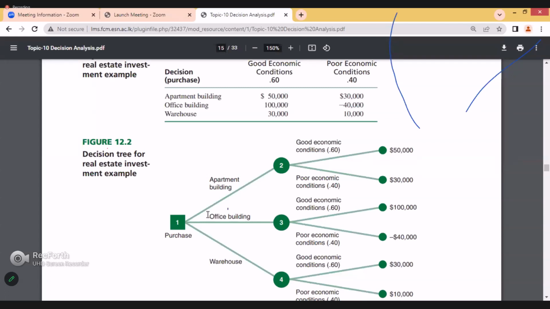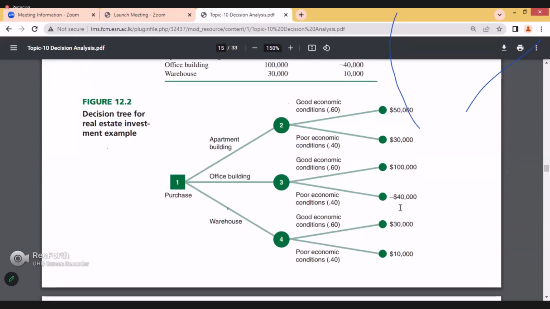Similarly, for the office building, good economic condition is multiplied by the payoff, and poor economic condition loss of 40,000 has to be multiplied by its probability. Then we can see those possibilities. And also for the warehouse, good economic condition multiplied by 0.6 and poor economic condition by 0.4. You can see the possibilities for taking decisions.